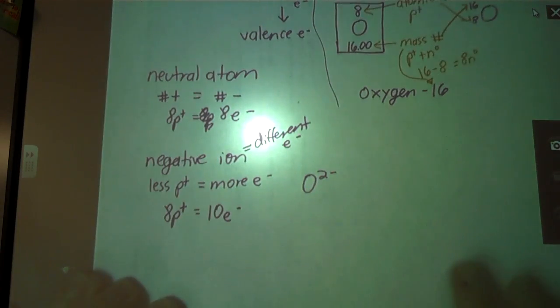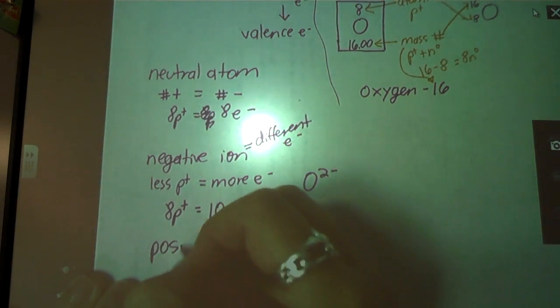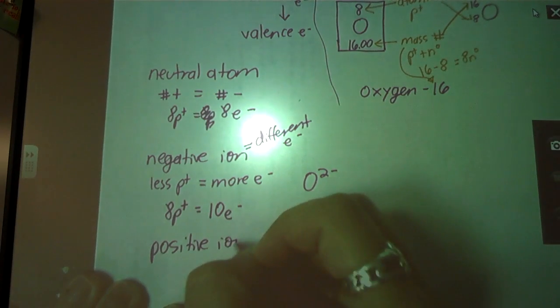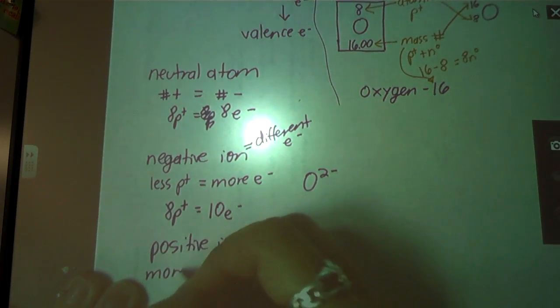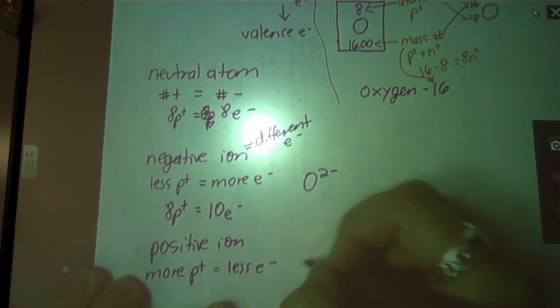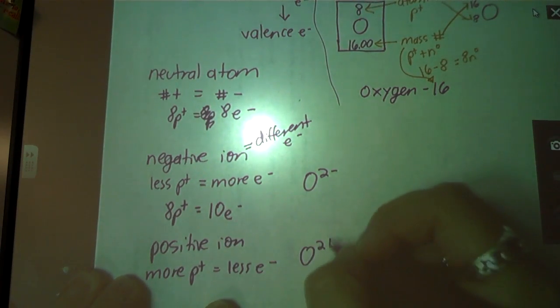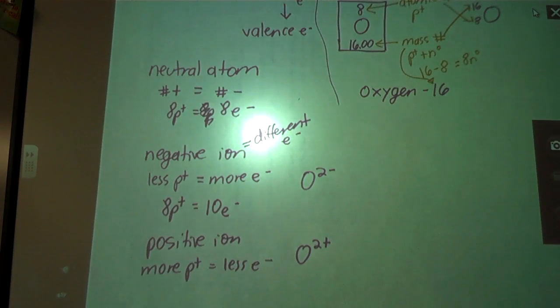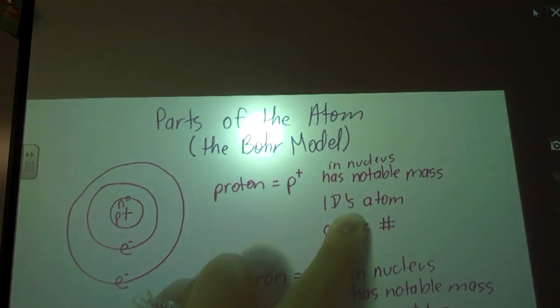If we were to do a positive ion, that means I need to have more positives and less negatives. It doesn't do this, but just for sake of argument, let's say oxygen took a +2 charge. It says more protons, but remember what we said about protons. Protons ID the atom.